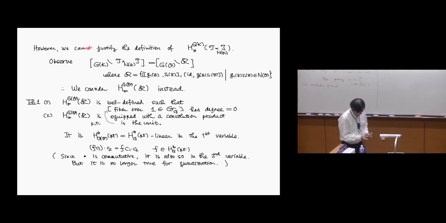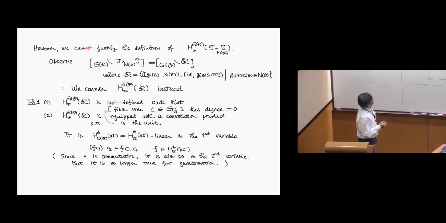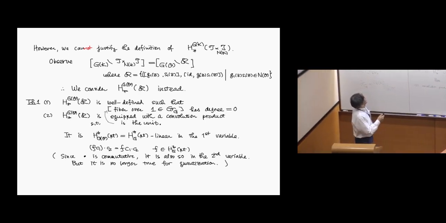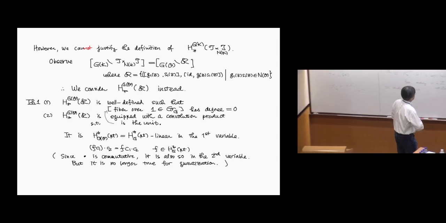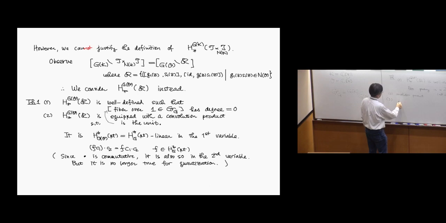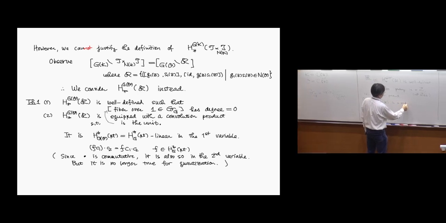Here we are considering equivariant homology with respect to G of O, but this is the same as the equivariant homology of G. By general theory, H star of G of O R is a module over this, and this is a polynomial ring, which is well known.